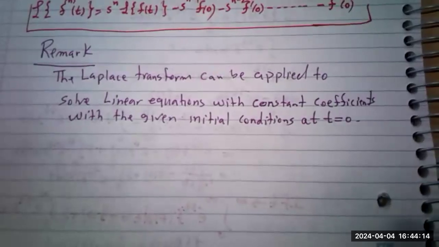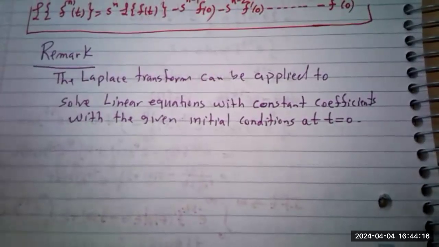In order to do it, I changed the notation. It's up to you, but I go with f of t. In your book, they go with lowercase y and uppercase Y. That would be confusing. F of t and F of s would be better.